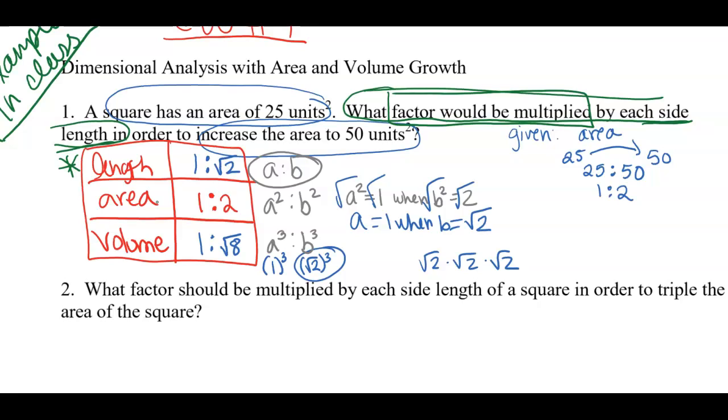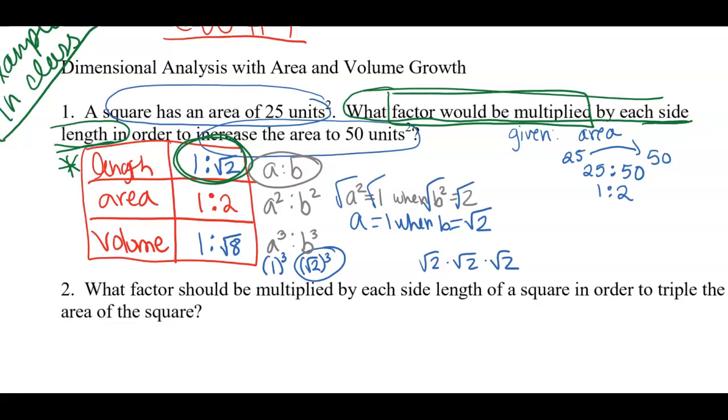So it says, what factor would be multiplied by each side? So do they want me to say 1 to rad 2? Does that answer someone's question like that? No, they want to know like, oh, times 3, times 6, times 8. Okay, but you can use this to answer it. We are going to use this. It's just not the final answer.